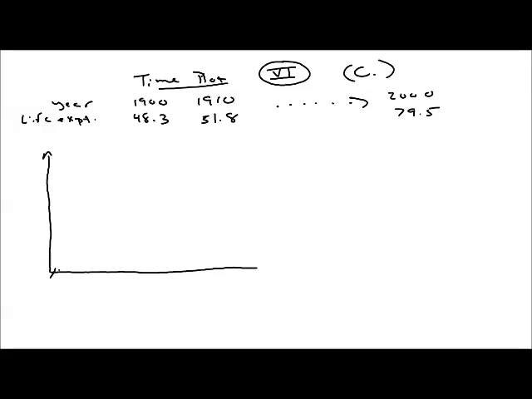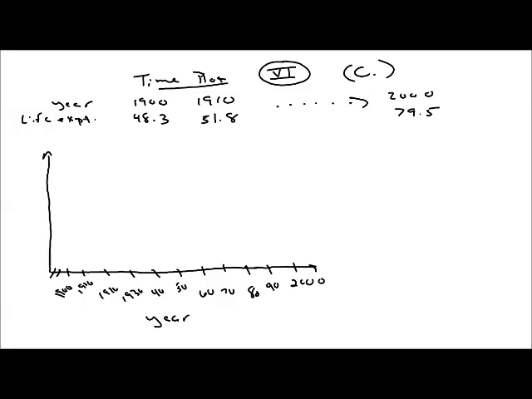So we're not going to start off at year 0. We're going to start off at 1900, 1910, 1920, 1930, 40, 50, 60, 70, 80, 90, 2000.